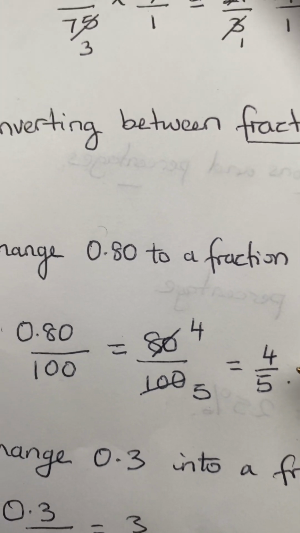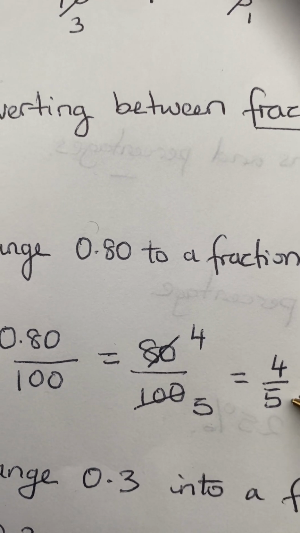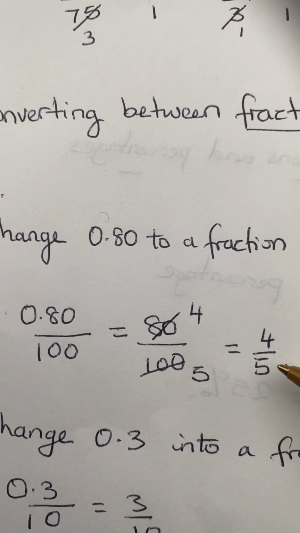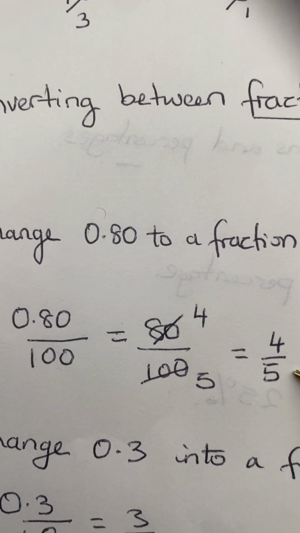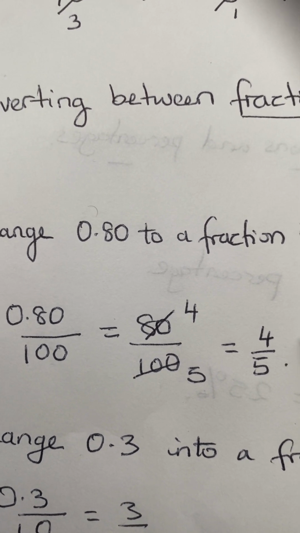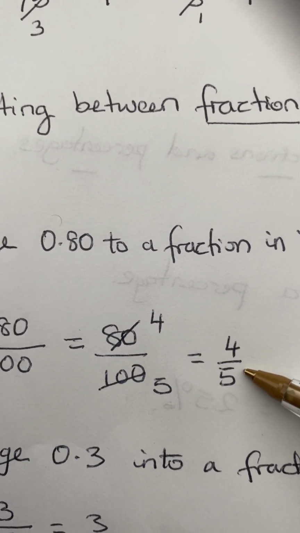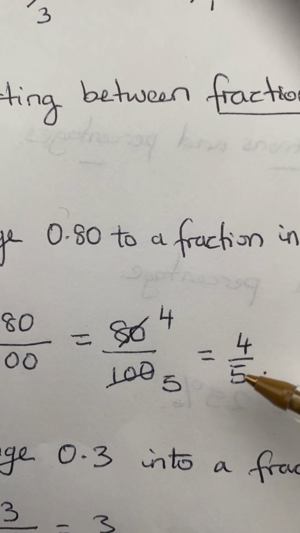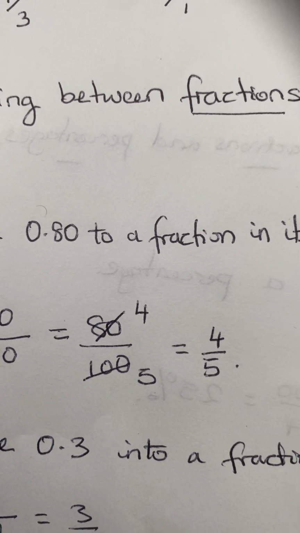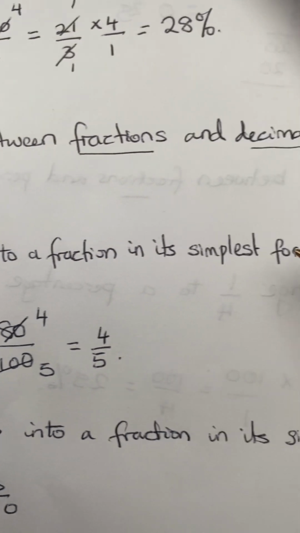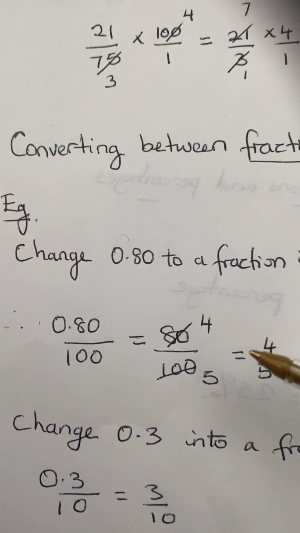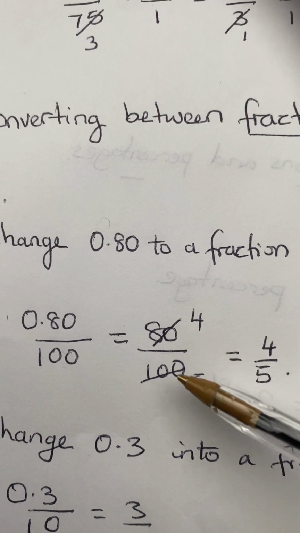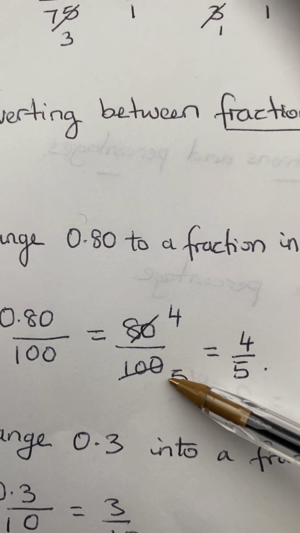As you can see, this is an easy question. Even if it's 1 mark, you don't want to lose half a mark because you didn't go the extra step. If the question didn't ask for the simplest form, then even if you leave it at 80 over 100, you will still get full marks.